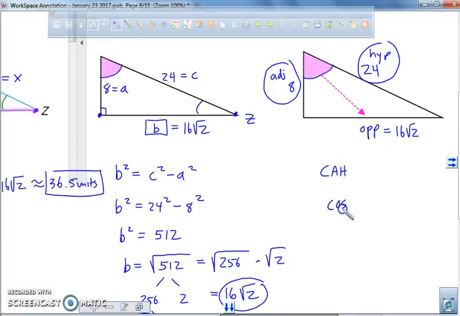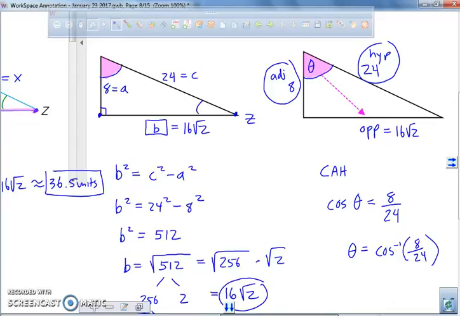So write this down. The cosine of theta, we're going to call the measure of this angle theta, is equal to the adjacent side, 8, over the hypotenuse, which is 24. Theta is going to equal the inverse cosine of 8 over 24.